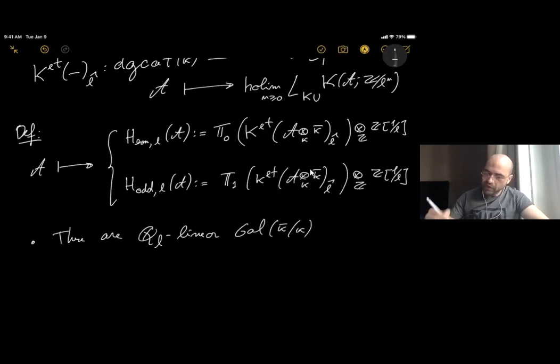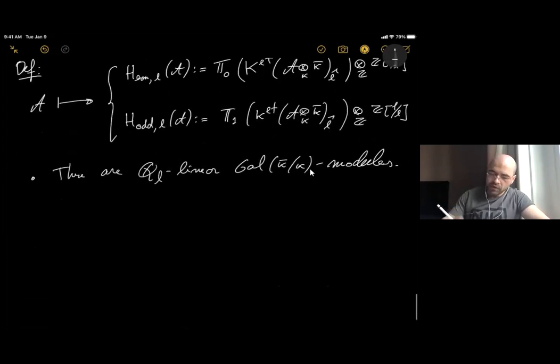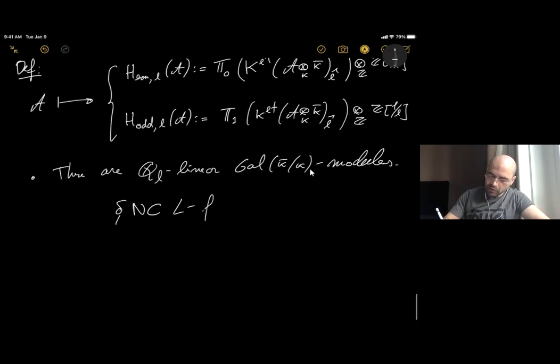By definition, since I'm base changing to K bar, this carries an action of the absolute Galois group. So they are modules over this. Okay, so this is the idea to make sense of L-adic cohomology theory in this generality: you really use K theory. And now using this, we can define the non-commutative L functions.